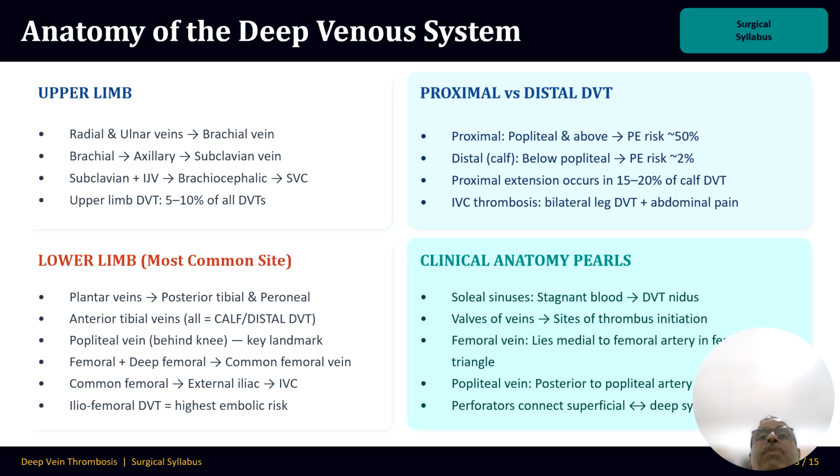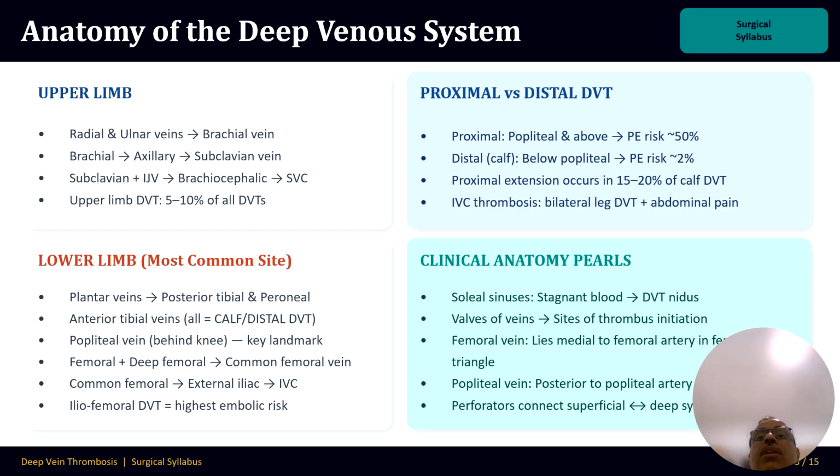Whereas with the distal, that means the calf veins, below the popliteal, the pulmonary embolism risk is very less as compared to proximal DVT. It carries only 2% risk as opposed to almost 50% in proximal DVT.